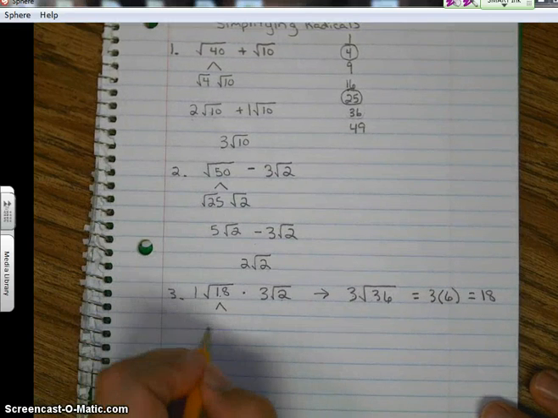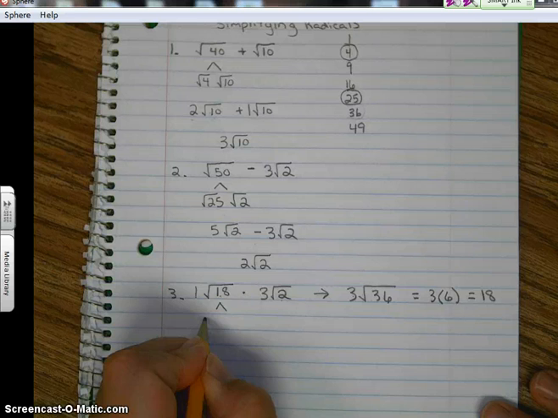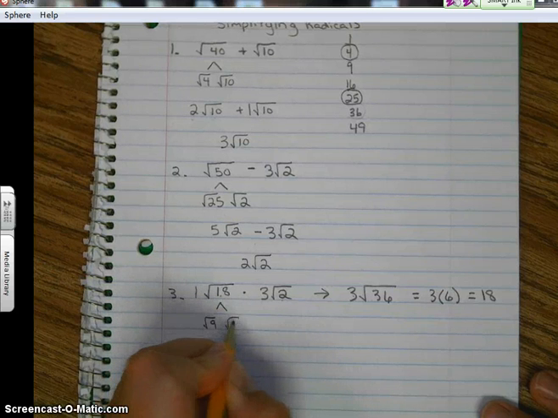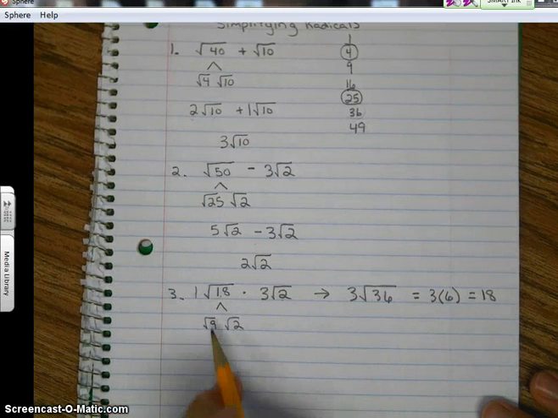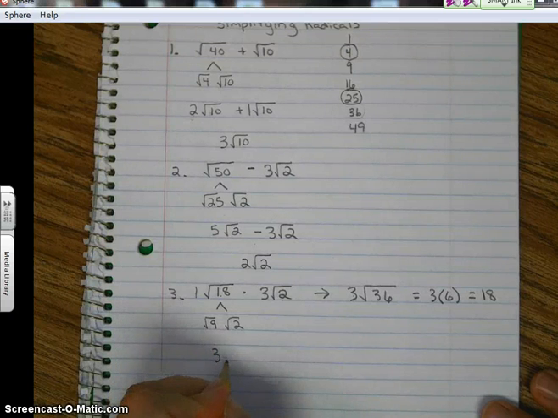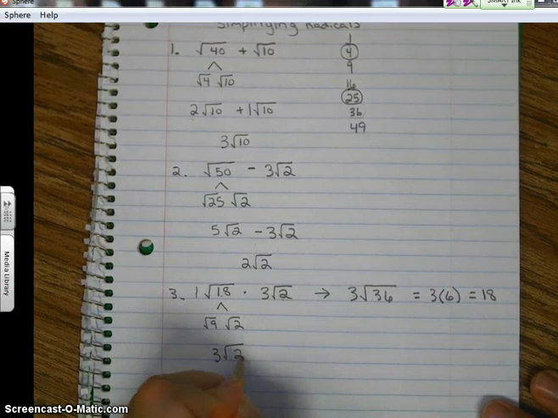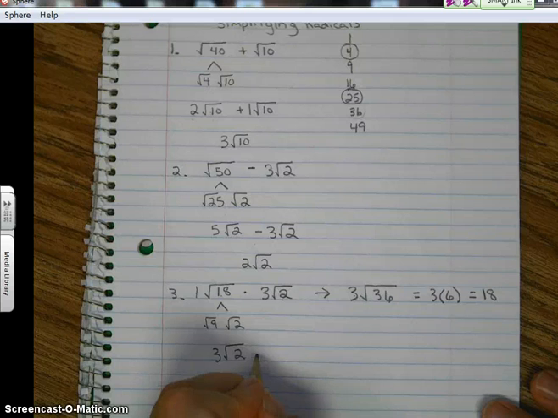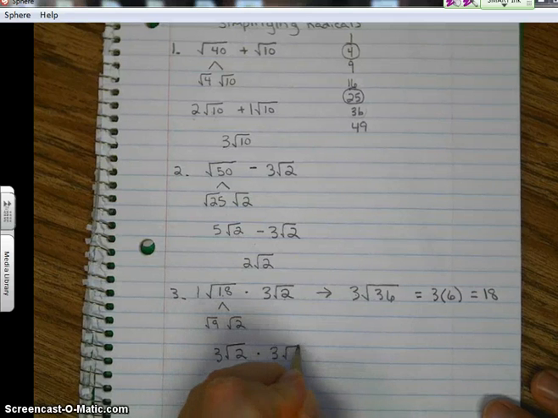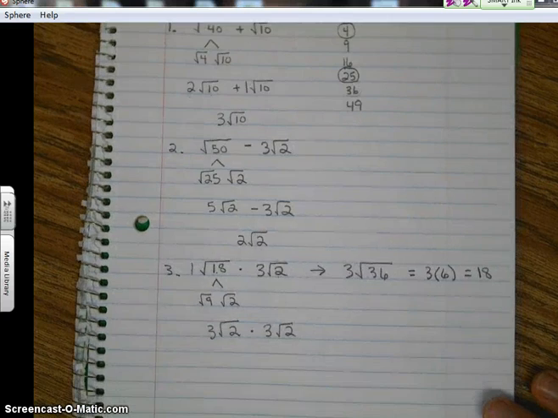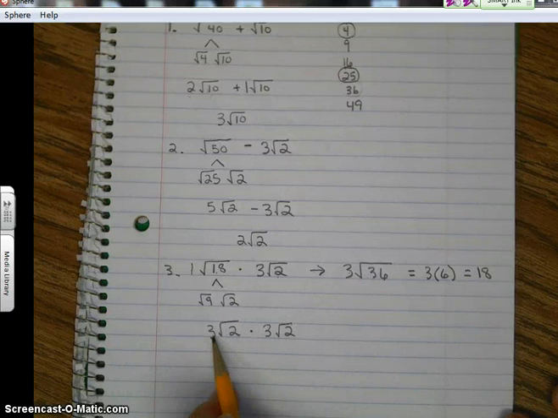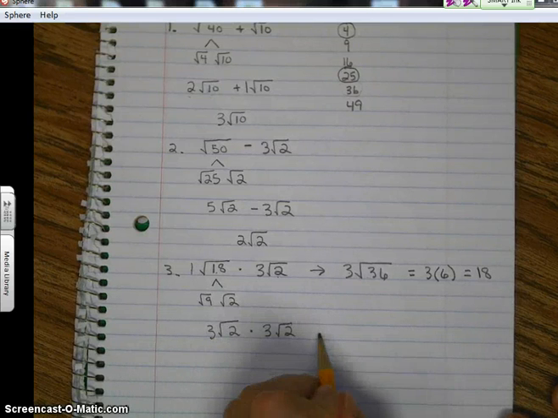The other route we could do here is we could have simplified the square root of 18, which is going to be the square root of 9 times the square root of 2. And then the square root of 9 would be 3 square roots of 2. And we're multiplying that times 3 square roots of 2. Then we would multiply our coefficients, so 3 times 3 is 9.